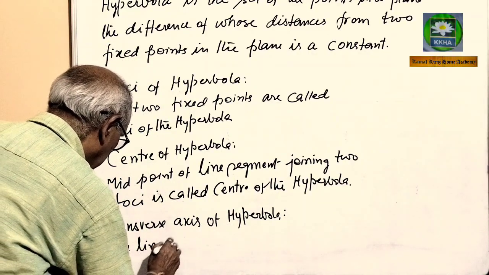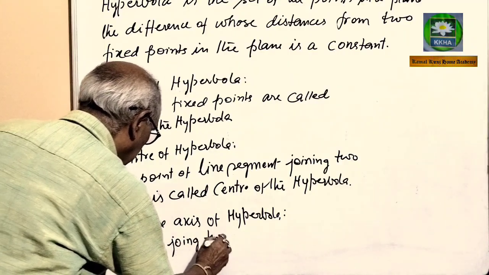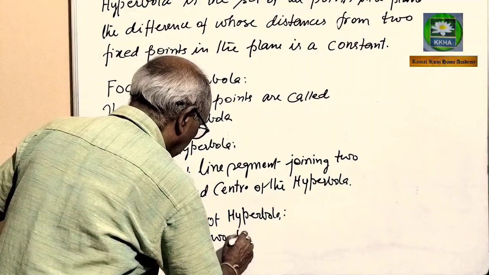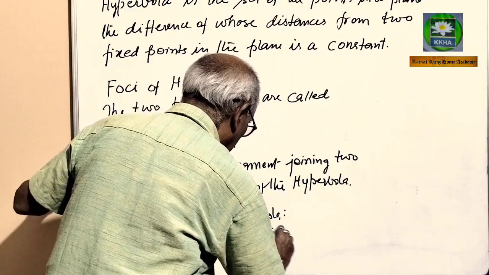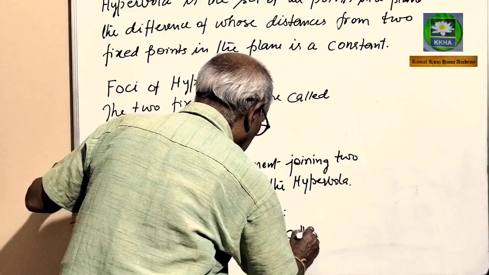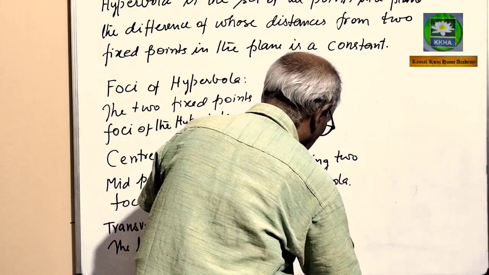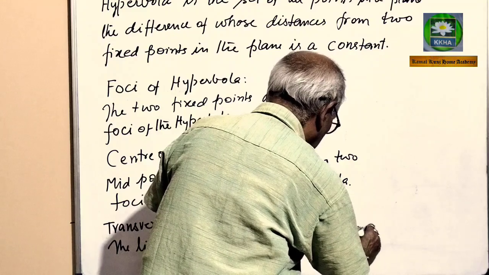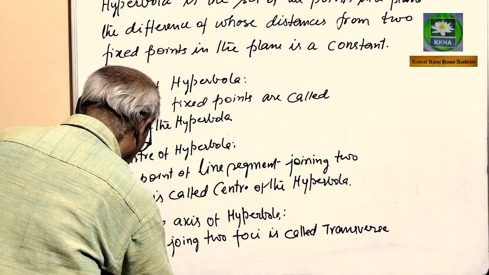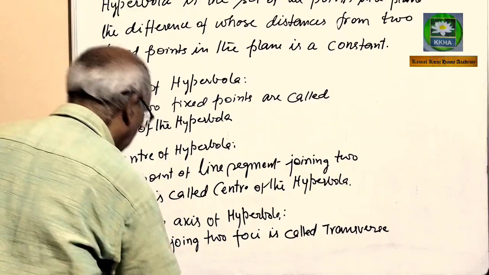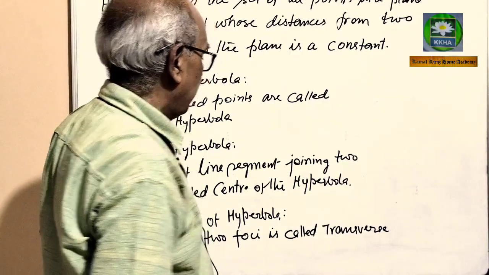The line joining the two foci is called the transverse axis. Transverse axis of the hyperbola.